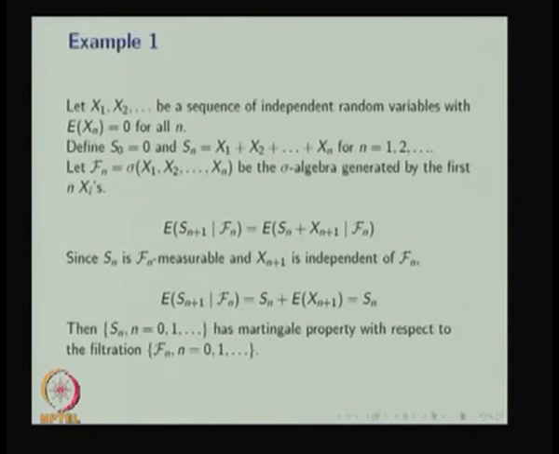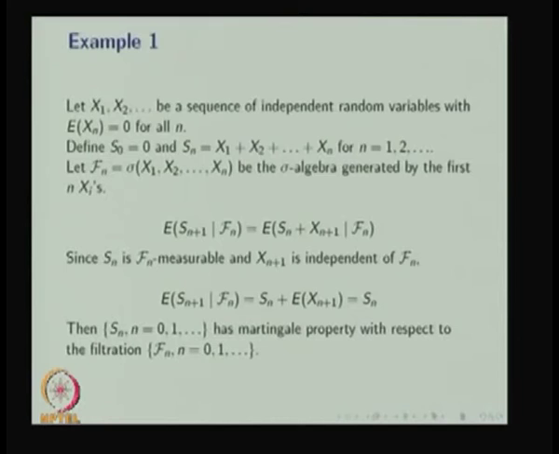The way we created the filtration Fn is nothing but the sigma field generated by the first n random variables. Therefore, the Sn random variable is Fn measurable, because each xi is Fn measurable.